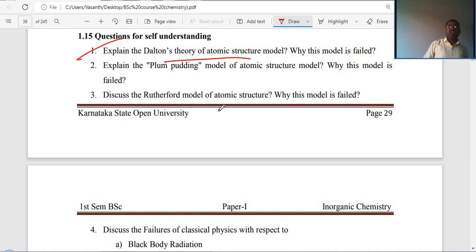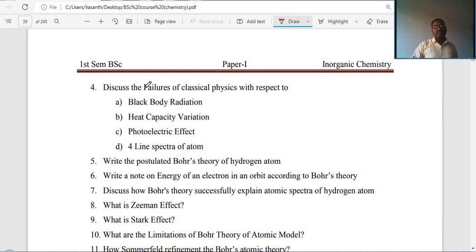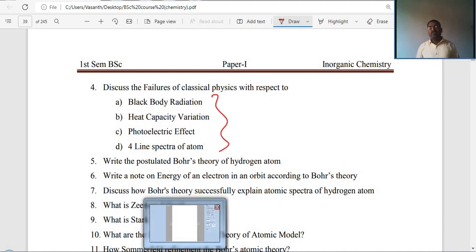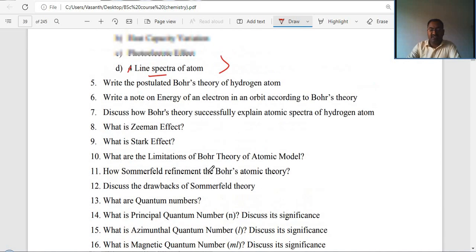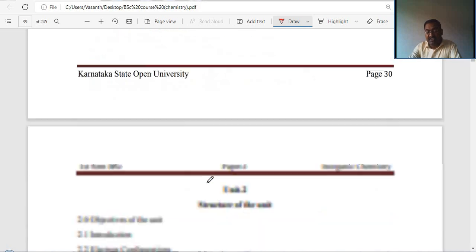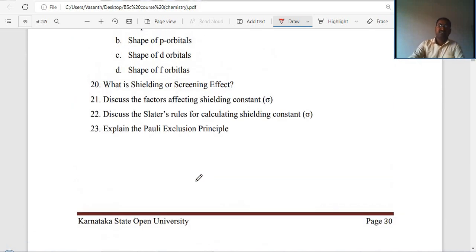Here they explain Dalton's theory, the Thomson model, the Rutherford model of the atom, and discuss the failure of classical physics with respect to black body radiation, heat capacity variation, the photoelectric effect, and the line spectrum of the hydrogen atom, etc. These are all important questions they mentioned.